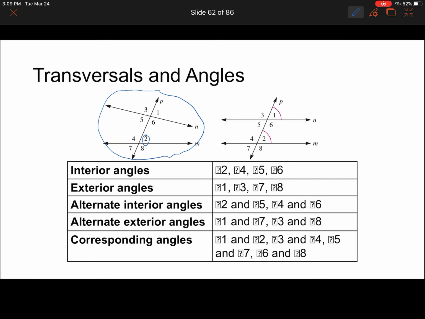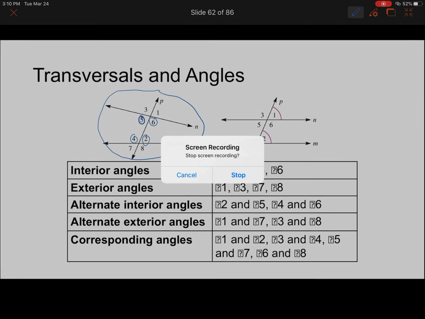And so we have what we call interior angles that are the angle measurements inside those other two lines, the two that run right and left. And so angle 2 and angle 4 and angle 5 and angle 6 are all considered to be interior angles.